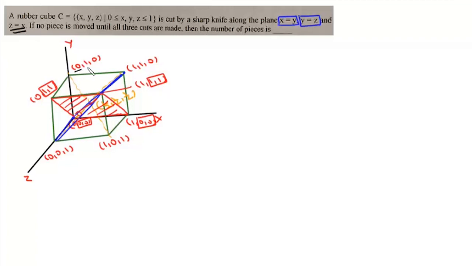Now z equals x will pass through 0, 1, 0, it'll pass through origin, it'll pass through 1, 0, 1, and it'll pass through this 1, 1, 1. So it'll be along this section. Now if we slice it along this section, these two parts at the top and at the bottom will be divided into 2. So the total number of such pieces will be simply 6. And that is the answer to this question.